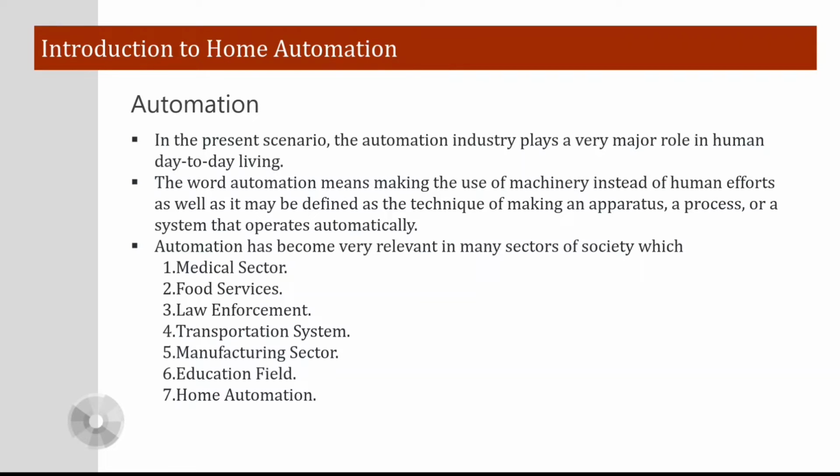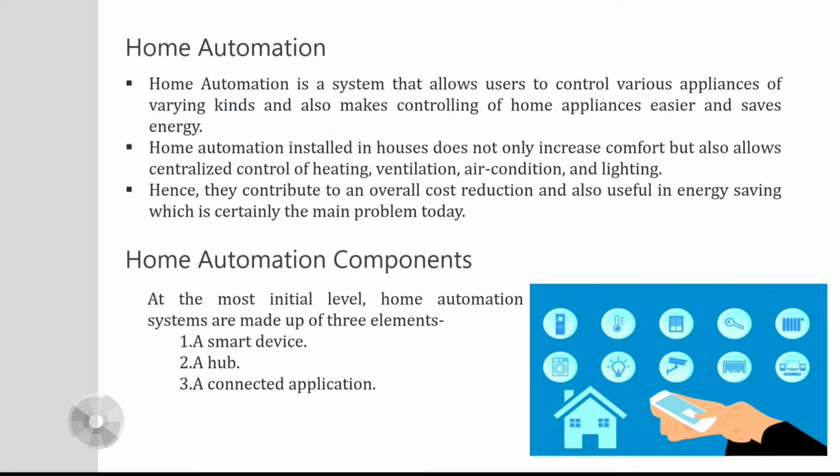In this way, automation has become very relevant in many sectors of society like the medical sector, food services, law enforcement, transportation systems and many more. Coming to home automation, it is a system that allows users to control various applications of varying kinds, makes controlling home appliances easier and saves energy, which we discussed before.